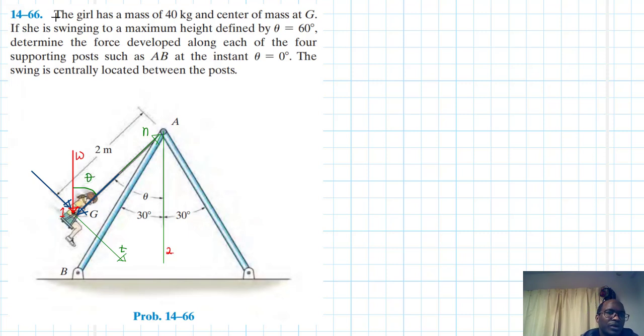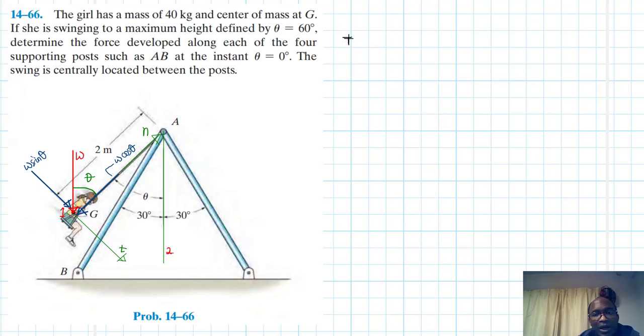So if that is the case, then you expect this one here to be W cos theta, and this one is W sine theta.